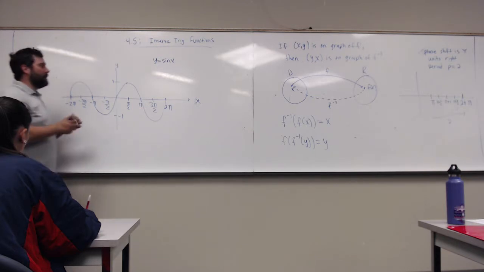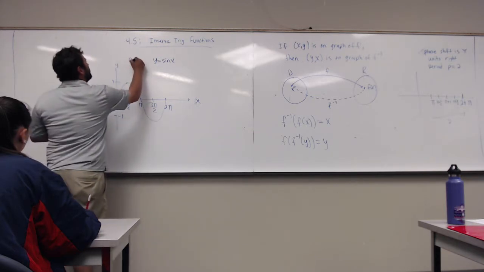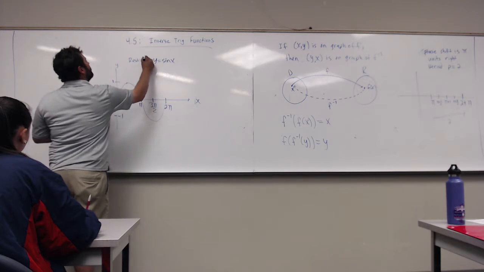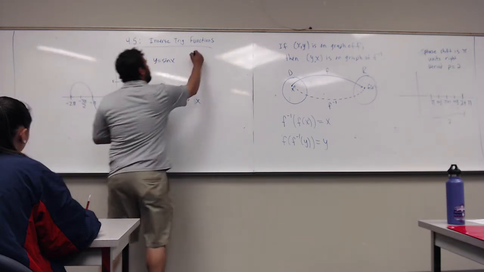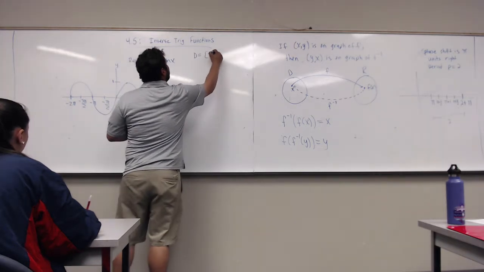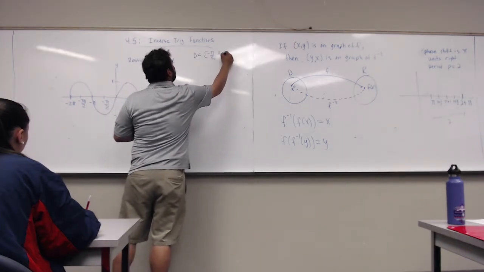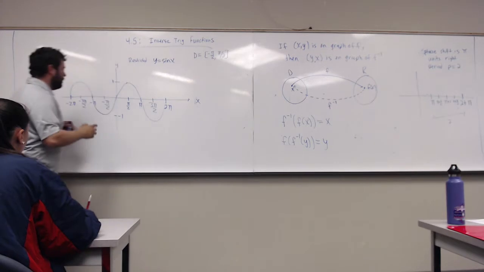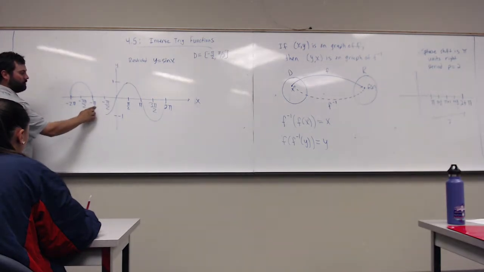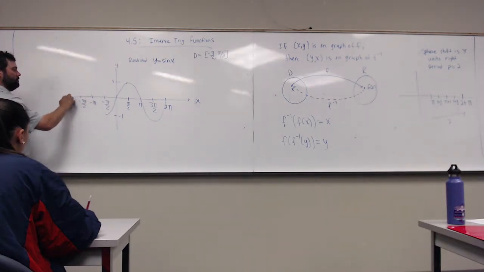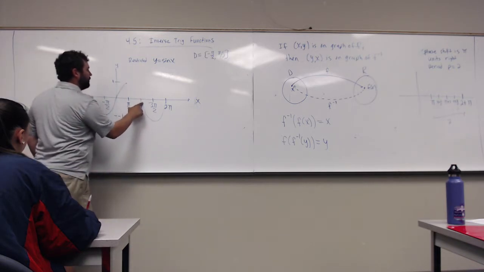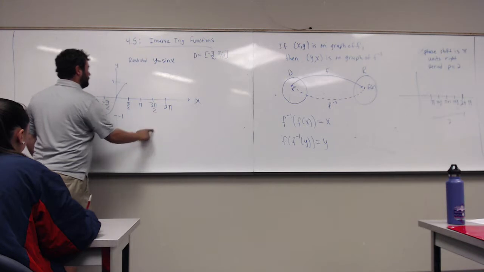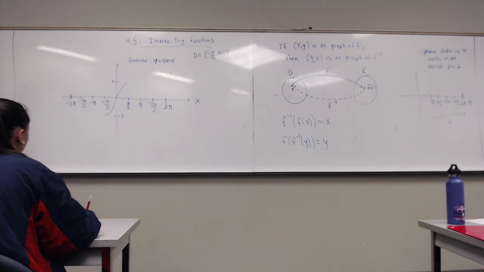So what I actually care more about is what I'm going to call the restricted y equals sine of x, where the domain is really going to be minus pi over 2 to pi over 2. Okay, so if you notice, if I get rid of the stuff to the left of minus pi over 2, and I get rid of the stuff to the right of pi over 2, is this graph going to pass the horizontal line test?